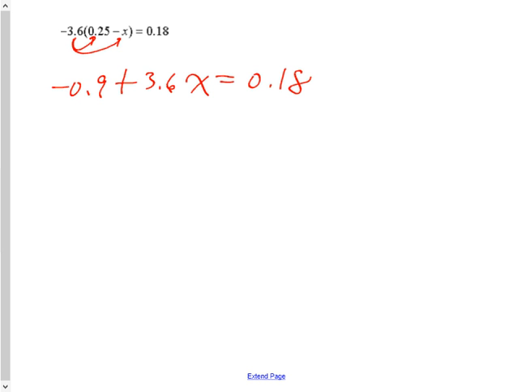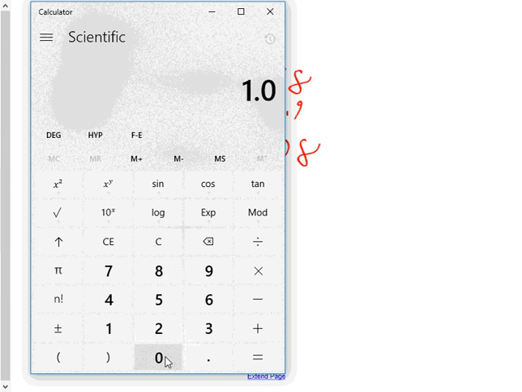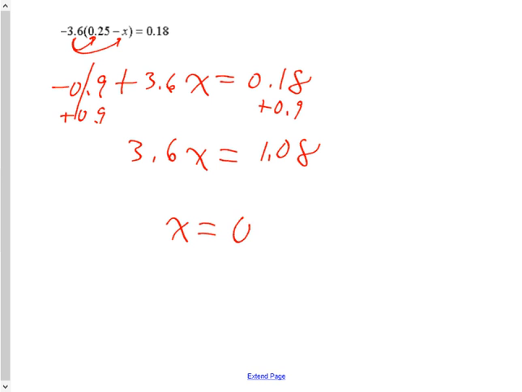Once you have it done like that, add your 0.9 to both sides, you get 3.6x equals 1.08. And then finally, divide both sides by 3.6. 1.08 divided by 3.6 is 0.3.